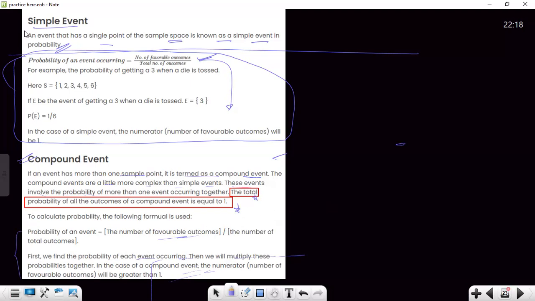These are the two things worth reading. The total probability of all the outcomes of a compound event is equal to 1, because we have listed all the sample points in the sample space. Is that clear? Yes, sir.